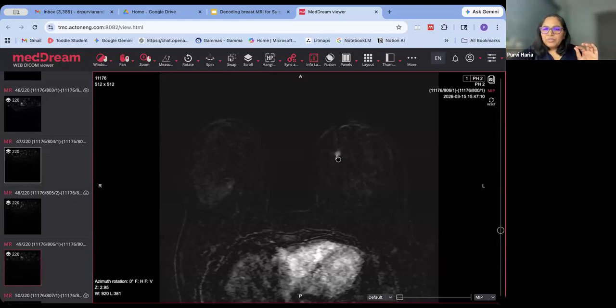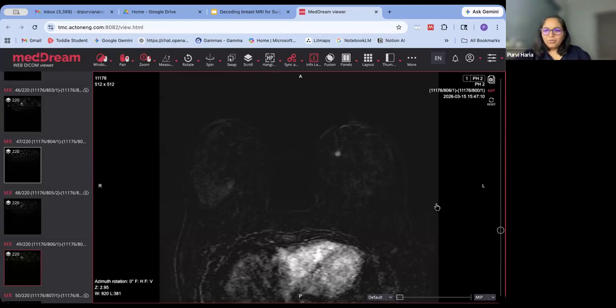So we try to see these foci on T1 and T2 weighted images. Lymph nodes have a reniform shape with the hilum, and we can identify them on T1 and T2 weighted images. If we identify them as a lymph node, then we don't chase them. But looking at this morphology, it doesn't look like a lymph node.